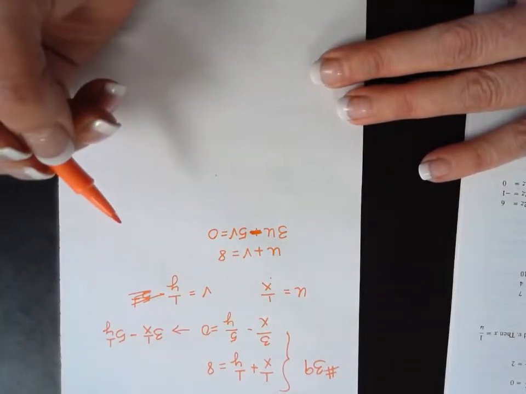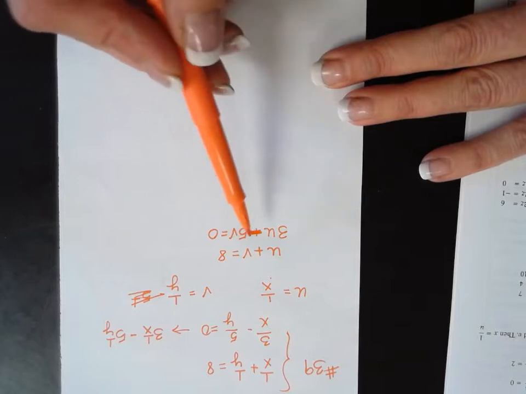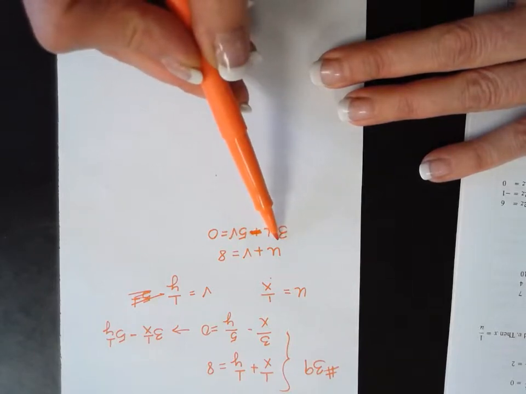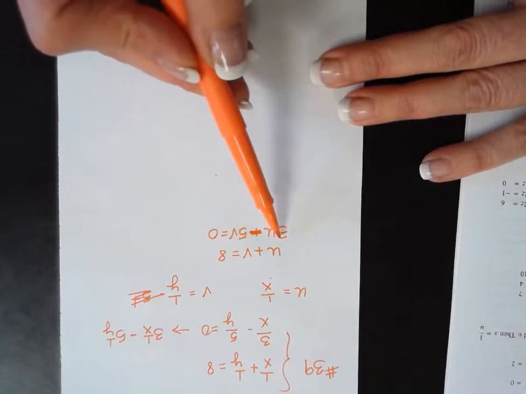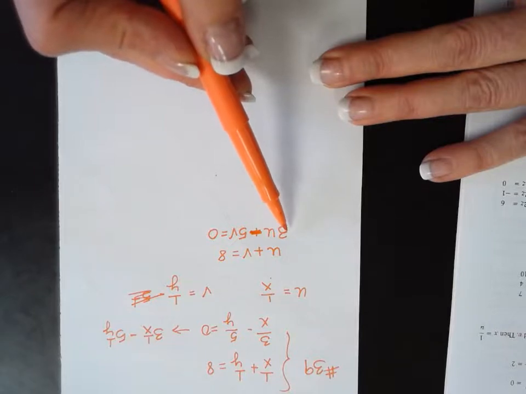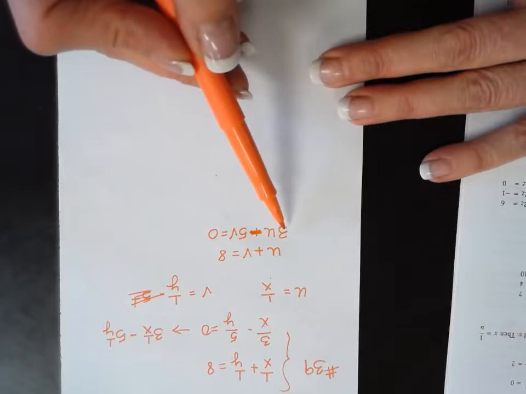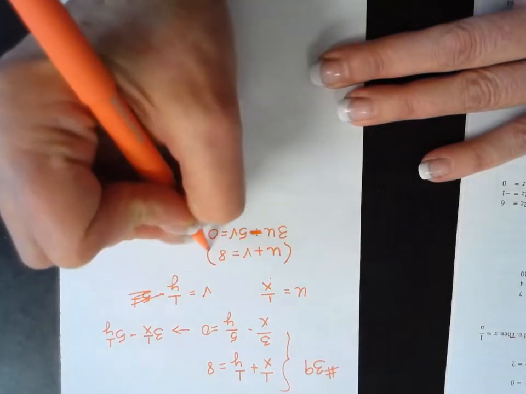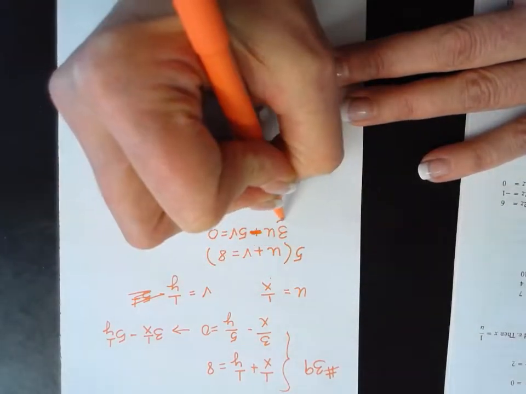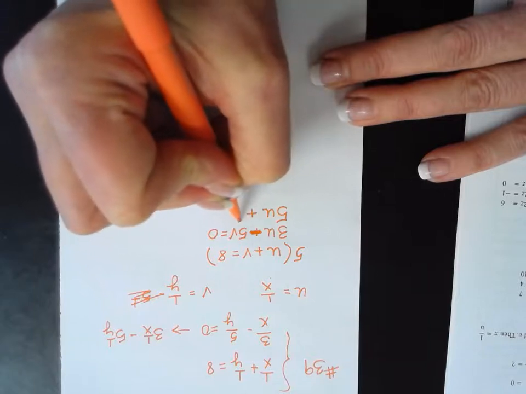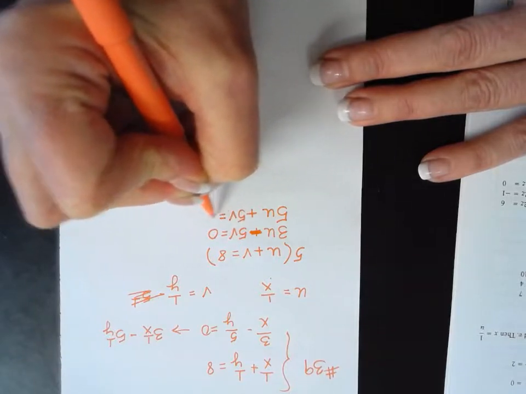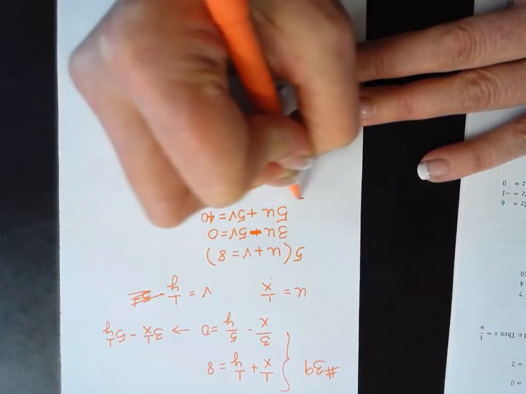And so, should we multiply the top one by 3 or by 5? Somebody make a choice. Alex. All right. So if I multiply by 5, I'm going to get 5u plus 5v is equal to 40.